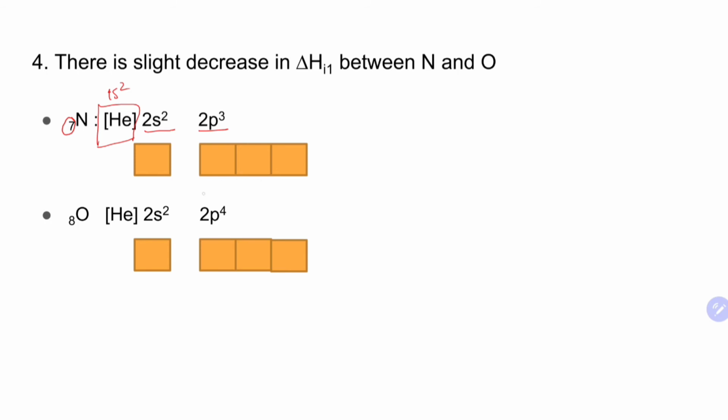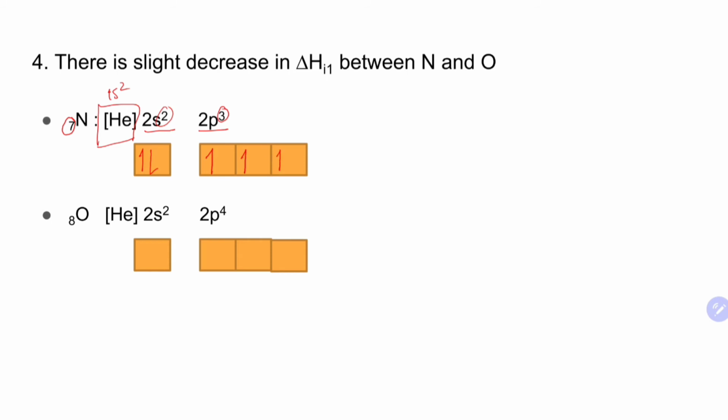We have 7 electrons. So in 2s, there are 2 electrons, 1, 2. 2p with 3 orbitals has 3 electrons. According to Hund's rule, the occupation starts from the single electrons, 1, 2, 3.